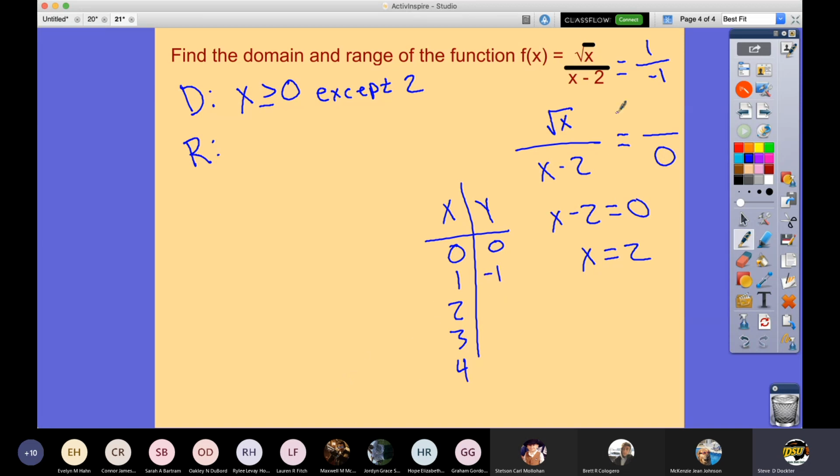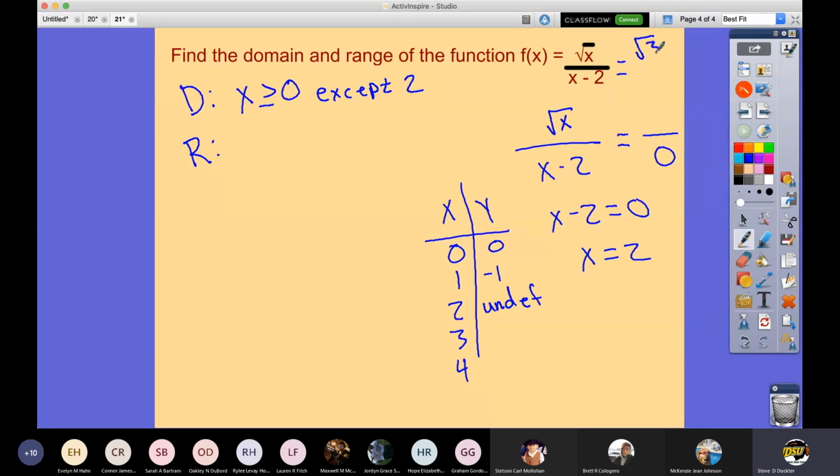All right, 2, we said before, was going to be square root of 2 over 0. That's going to be undefined here. All right, so 2 is undefined. For 3, we kind of do the same thing here.